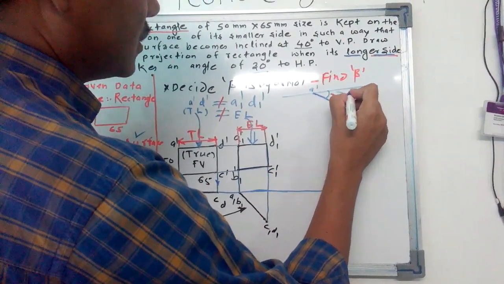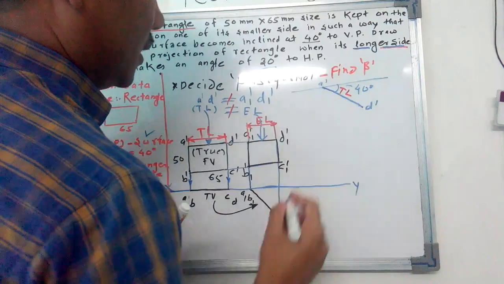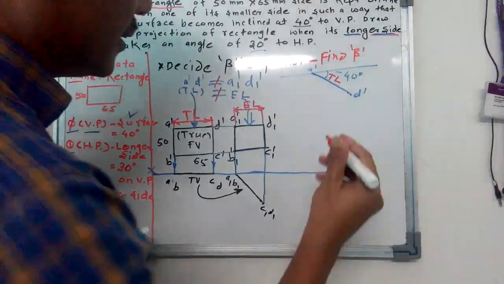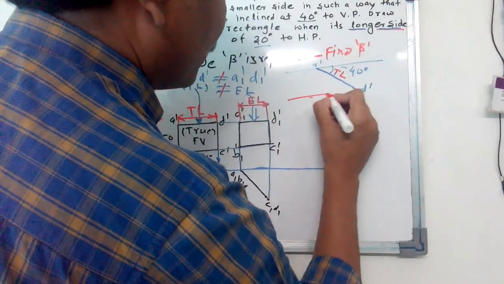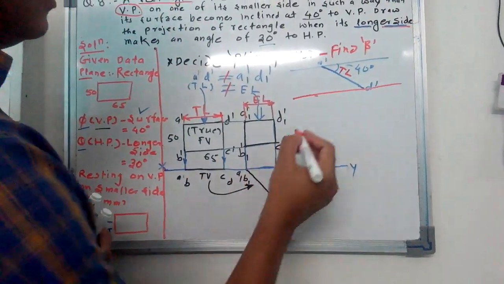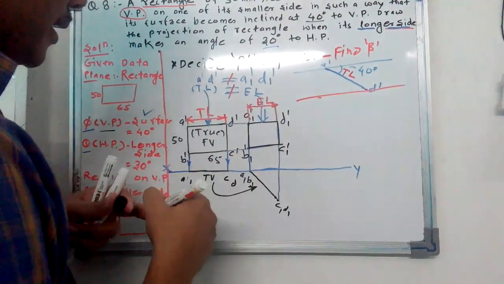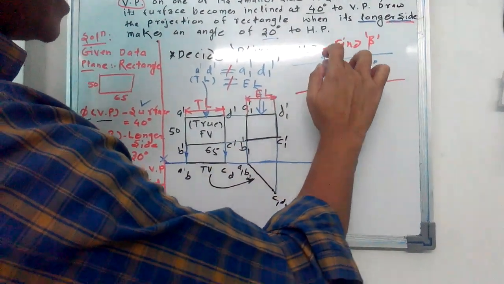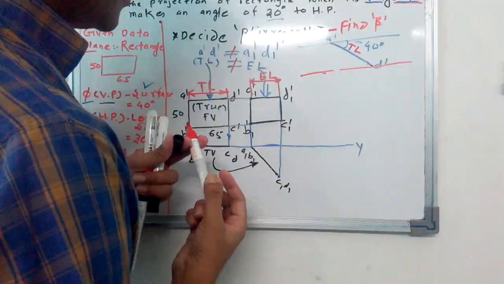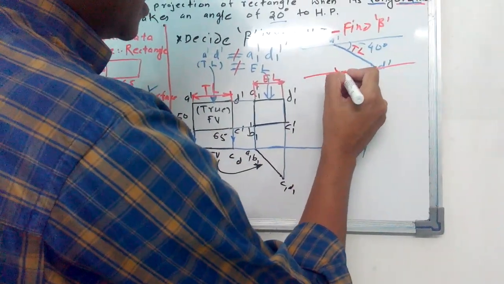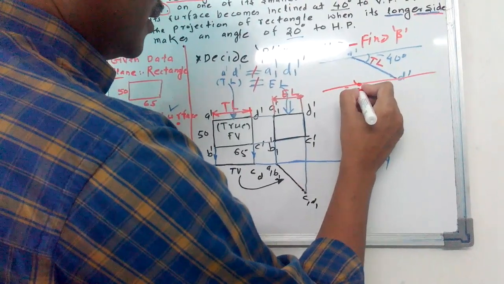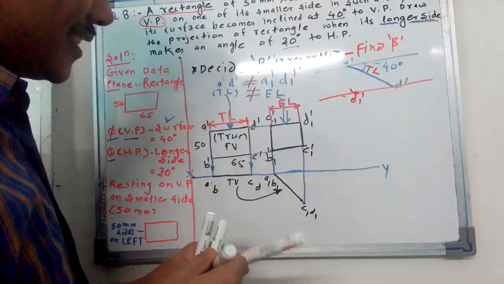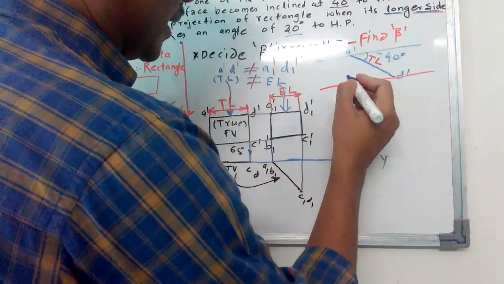This angle is 40 degree. Then through this take one more line which will be parallel to the previous line. Then taking EL in compass, keeping one end at A dash, you cut here. If it cuts here, you are going to get D1 dash point, or you can simply write D, that is also fine.